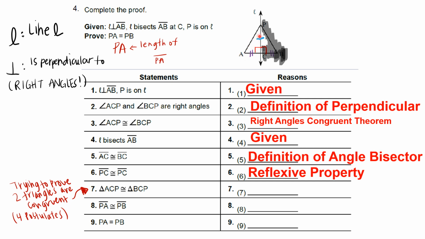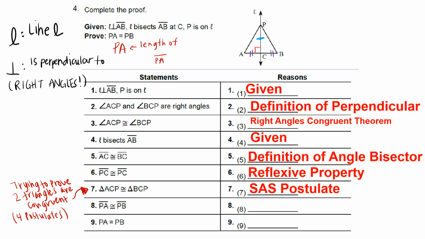We've got two sides and one angle. Is that angle the included angle or the non-included angle? That's the included angle, right? So if you have two sides and the included angle, that's side, angle, side. That's our SAS postulate.